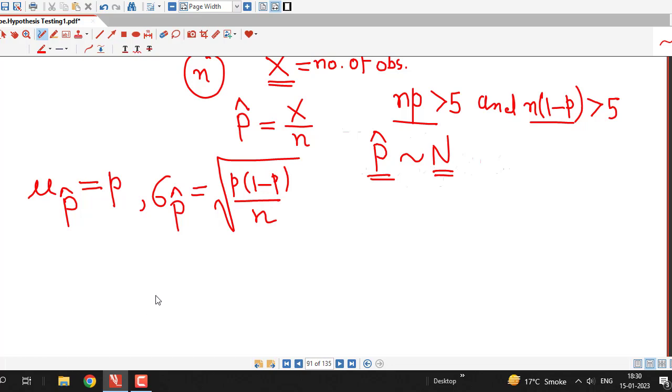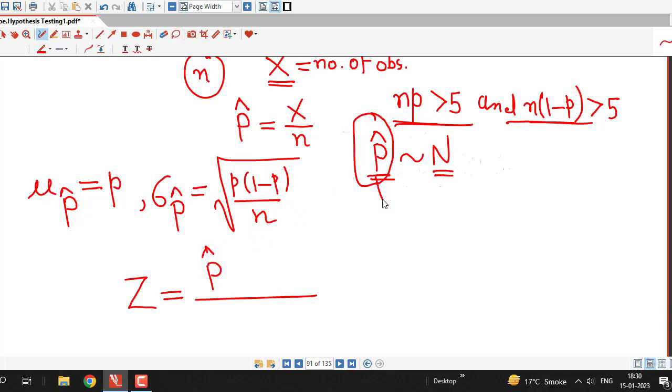divided by n. And if this condition is satisfied, then we can find the random variable capital Z, which is the standardization of this sample proportion. To standardize a normal random variable, we subtract the mean of that random variable and divide by the standard deviation of that random variable.